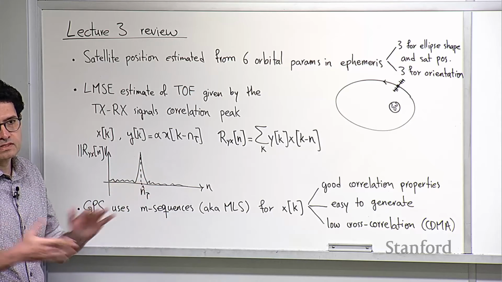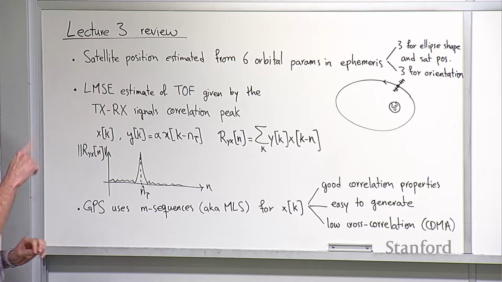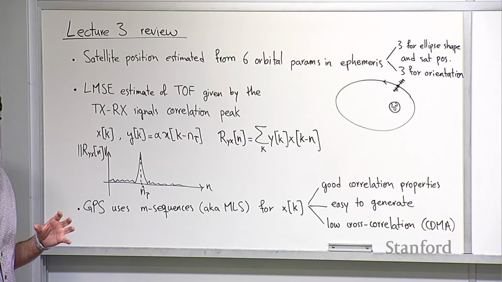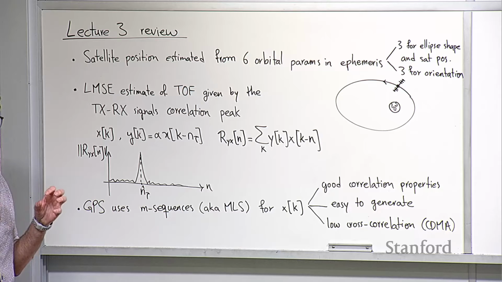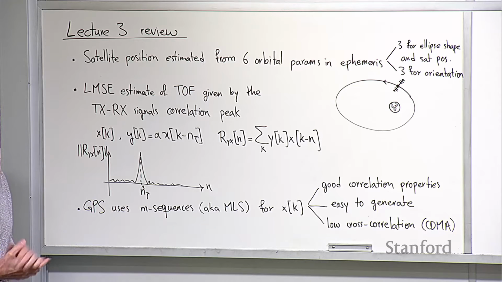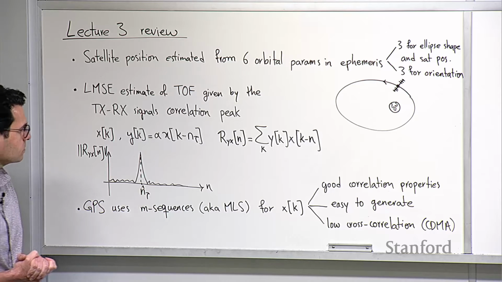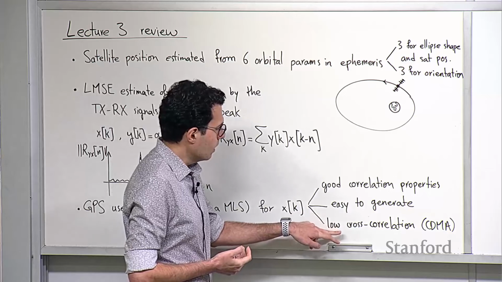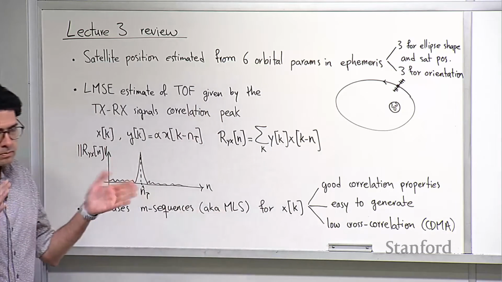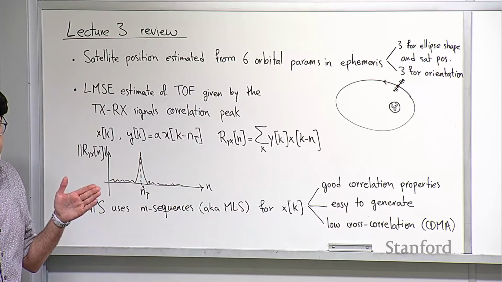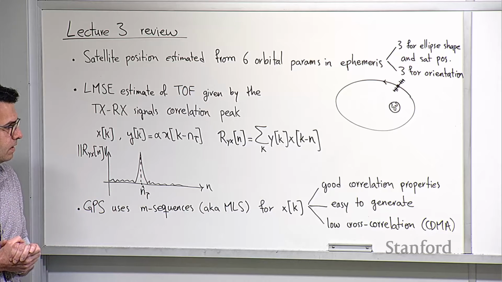All you need is basically a shift register with n bits and some feedback taps, and then you get a code with a number of chips equal to 2 to the n minus 1. So with just a 10-bit shift register, you can generate a code that is 1023 bits or chips. And also, you can generate multiple codes of the same length with different shift register feedback taps.